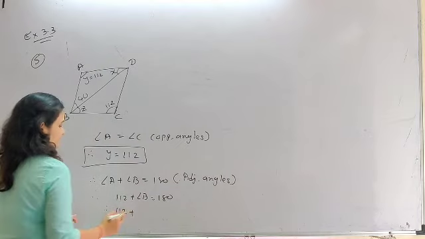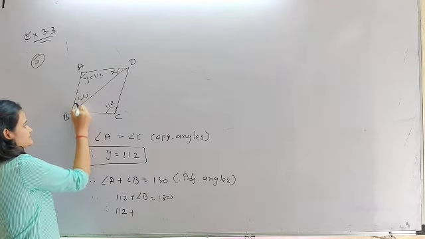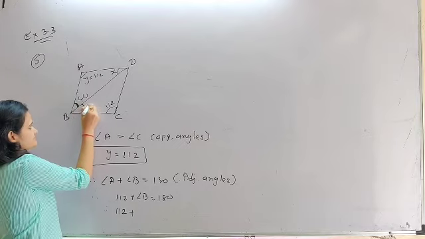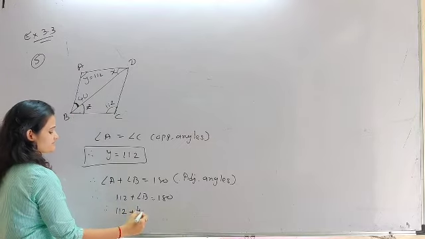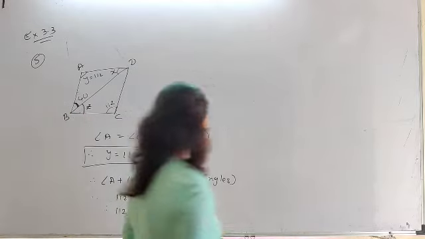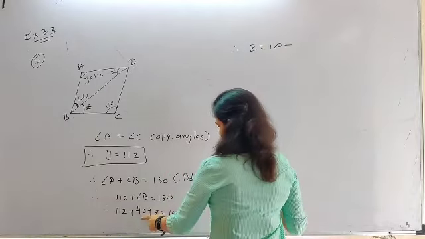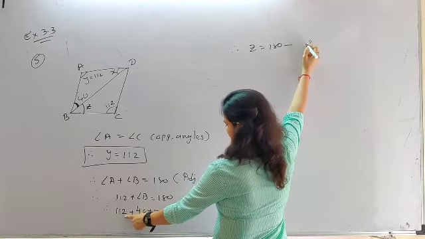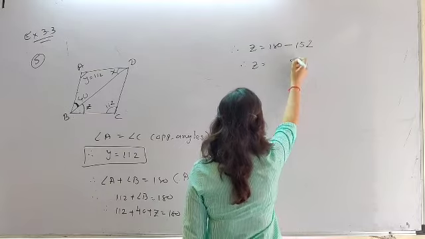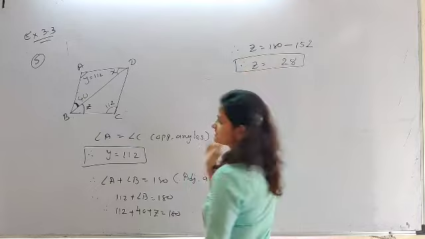Now angle B is ultimately what? This whole angle is angle B. This much we know, that is 40, and this is z. So angle B is ultimately 40 plus z is equal to 180. Angle sum property. So z will be 180 minus 152. So z is equal to 28.